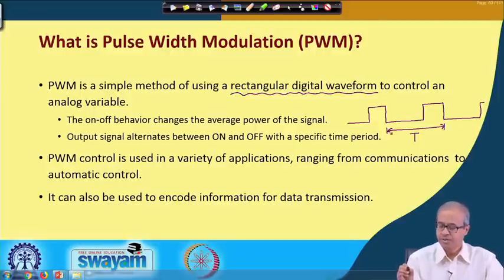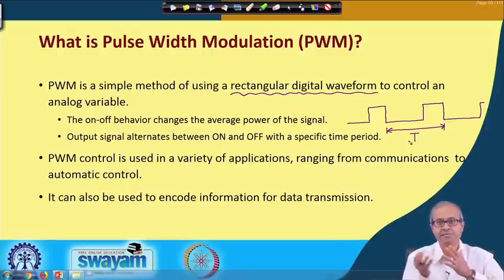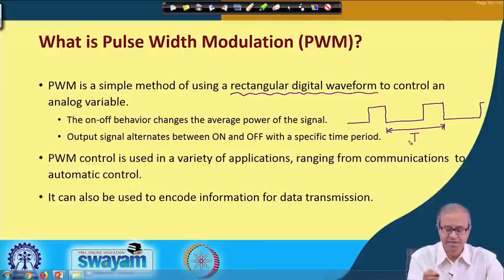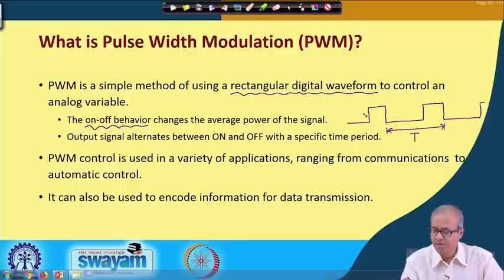Now, the main variability here is that PWM helps us in bringing some kind of feature which is proportional to some parameter we are trying to encode, that comes from the on off behavior. Like when this waveform is high, we say it is on, and when it is low, we say it is off.